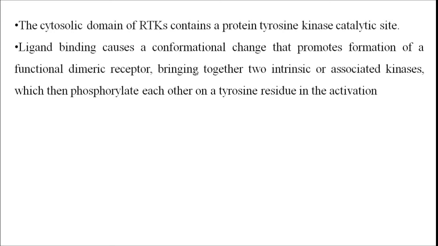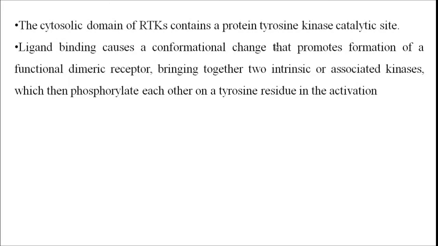That is, the two monomers which are situated apart from each other will combine with each other and form dimers. So when the dimers are formed, the two intrinsic kinase receptors come in contact with each other and they start the phosphorylation of tyrosine residues which are present on their cytosolic domain.